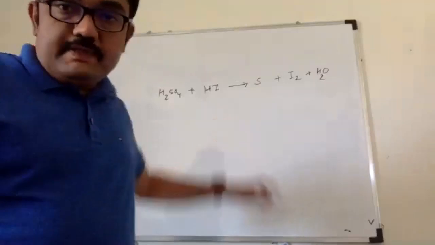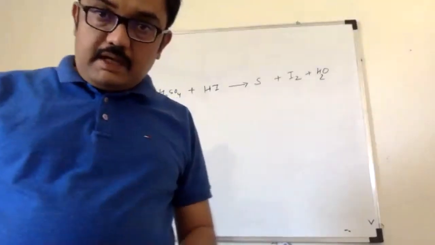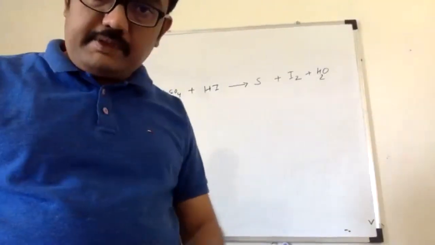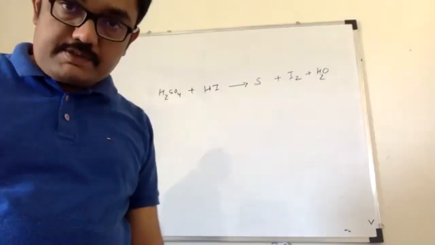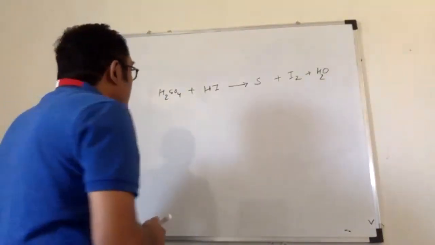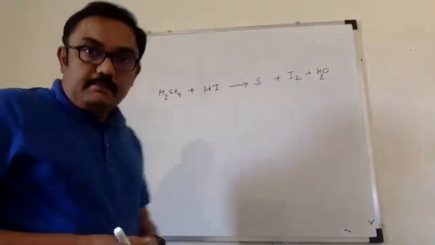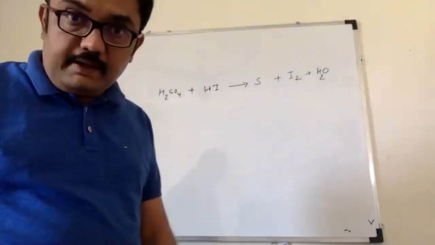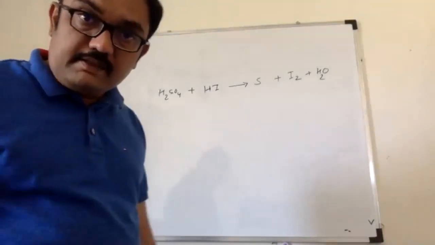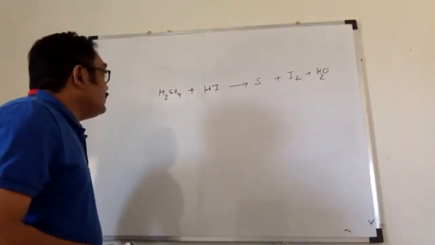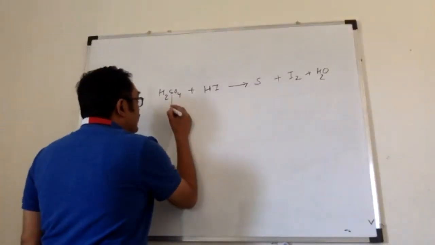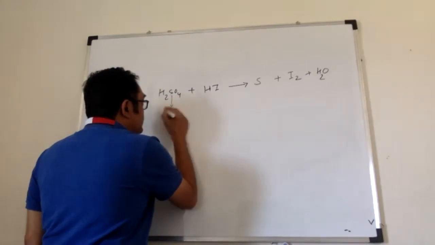Yeah. So first step, we will identify which half is the oxidation half and which half is the reduction half. That we will do first. Like, what is the atom that changes in this redox? Let's figure out the atom that changes in this redox. So sulfur is plus 6 here.